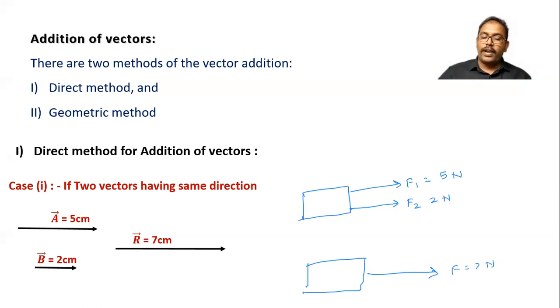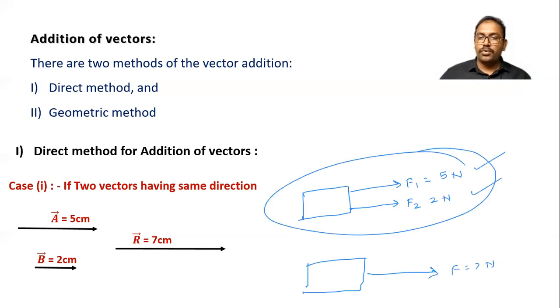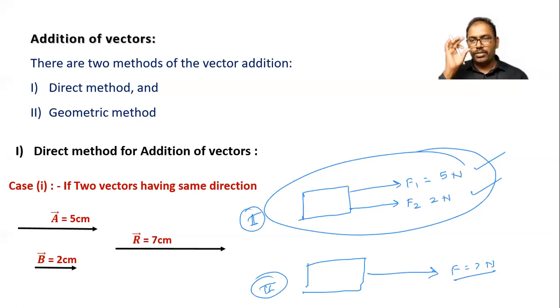So when a 5 Newton force and a 2 Newton force act in the same direction, we can add these forces and we get a total force equal to 7 Newton. So case 1 and this case are both similar. This is the way of adding vectors if they have the same direction. I hope you understood this.